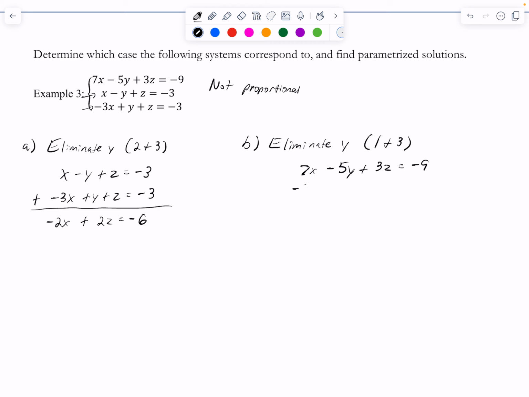Write down the third one, -3x plus y plus z equals -3. I will need to multiply to get to a place that I can eliminate. So I'm going to multiply this next one by 5. So copying it down. 7x minus 5y plus 3z equals -9. Multiply by that 5.